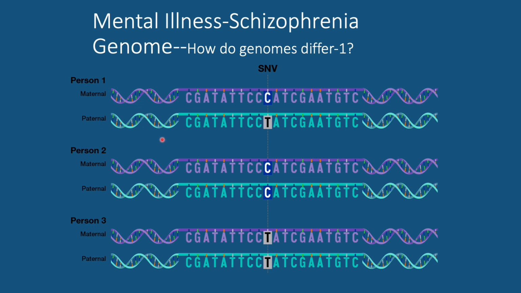Now, person 1 has a C and a T at this position in the DNA. Person 2 has a C and another C at the same position. Person 3 has a T and another T. These are called genomic variants.